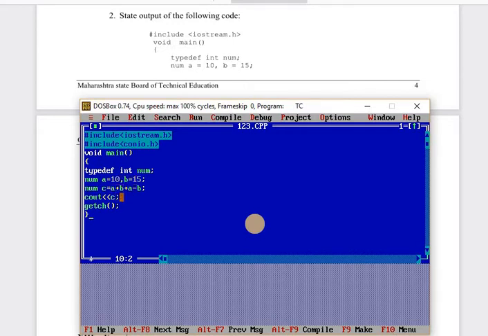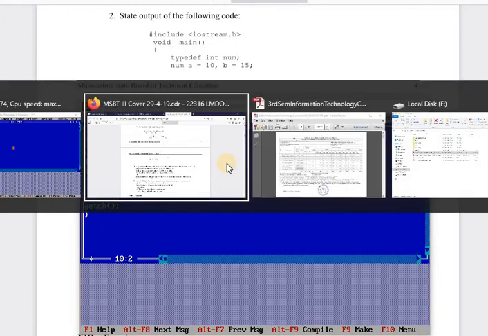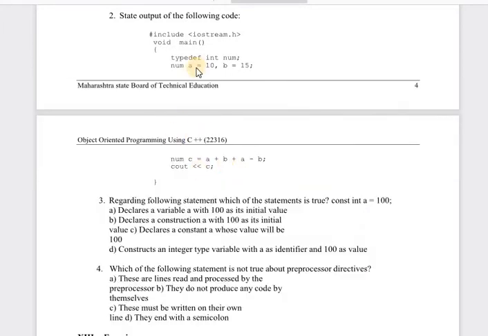So 10 plus 15 is 25, plus 10 is 35, minus 15 is 20. So the correct answer of this second question is A, 20.